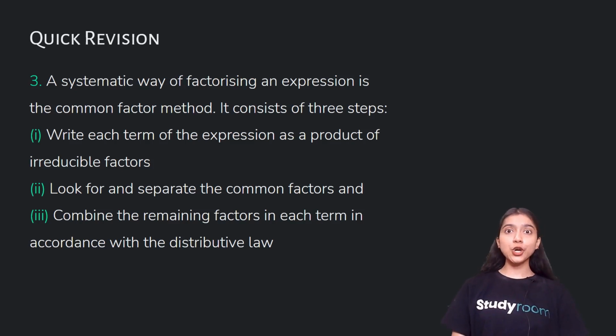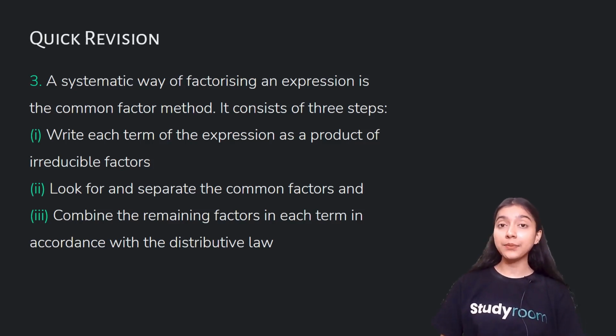The next thing I taught you was the first method of factorizing any given algebraic expression, and the name of that method was the method of common factor. This method is applicable for those algebraic expressions in which we have a common factor from each of the given terms. Let's say we have 3 terms, and from all the 3 terms we get a common factor.